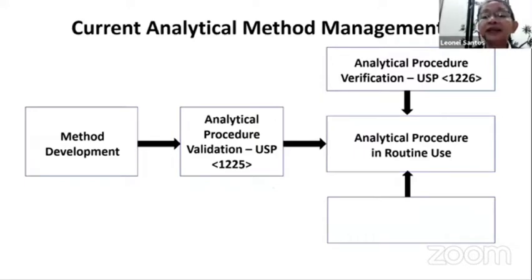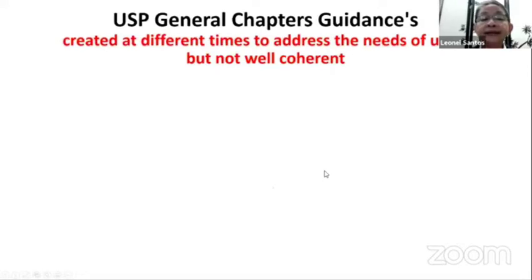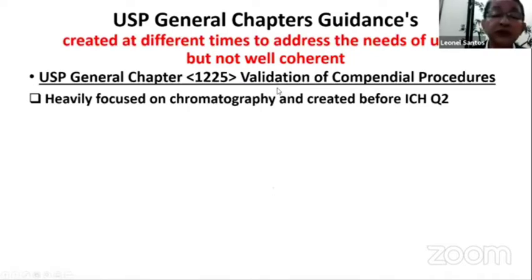Either there's a need to do a verification of the product being produced, or there is a need to transfer the analytical procedure, for example, from a research lab to a manufacturing site. The USP General Chapter guidance was created at different times to address the needs of the customers, but they are not well coherent, as I mentioned earlier.